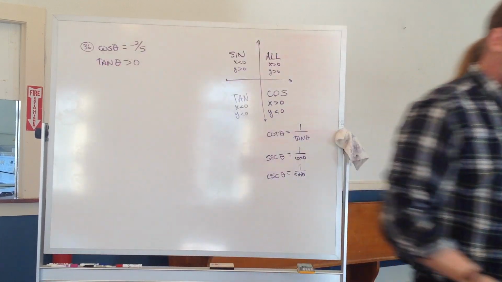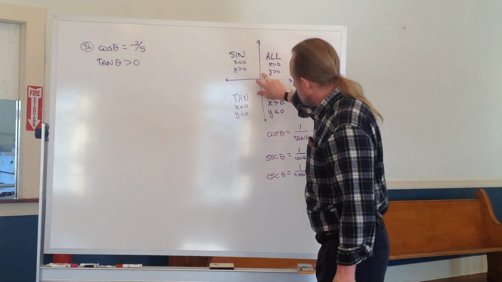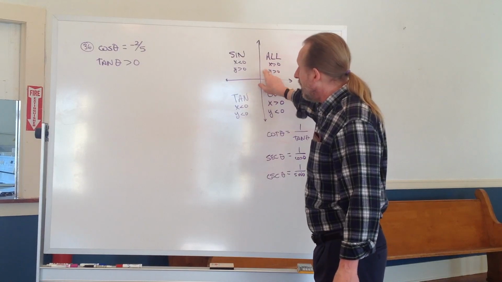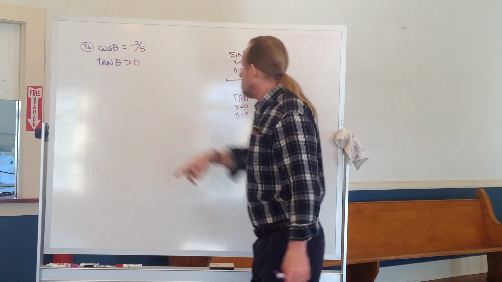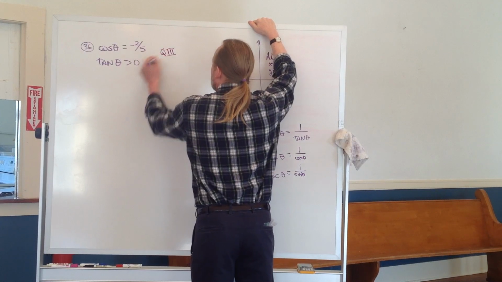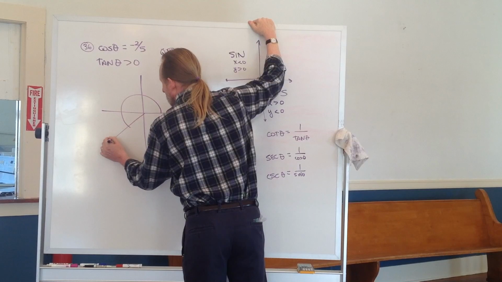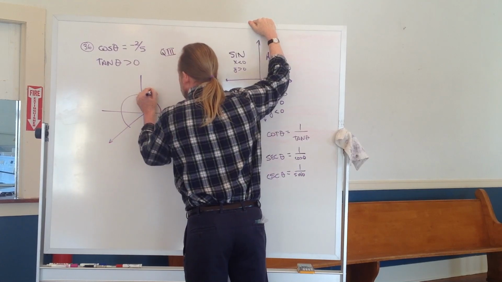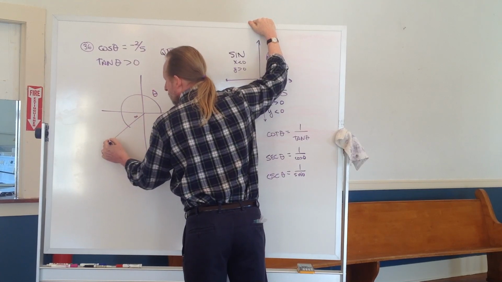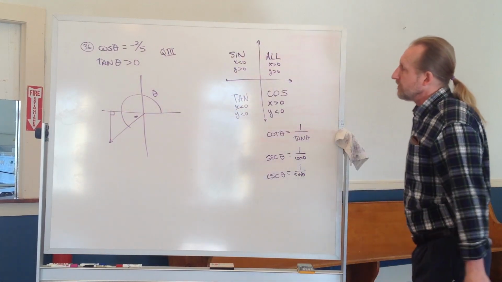Okay. Well, with the tangent being positive, that says you're either in the first or third quadrants. With the cosine being negative, we must be in quadrant 3. And the problem doesn't ask us about that, but it is helpful to know that. Okay? So, there's our angle theta, there's our reference angle alpha, and there's the triangle that alpha lives in.